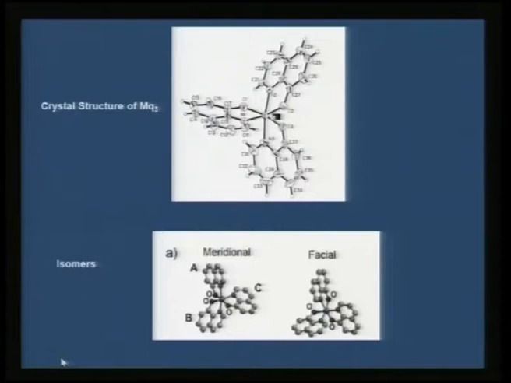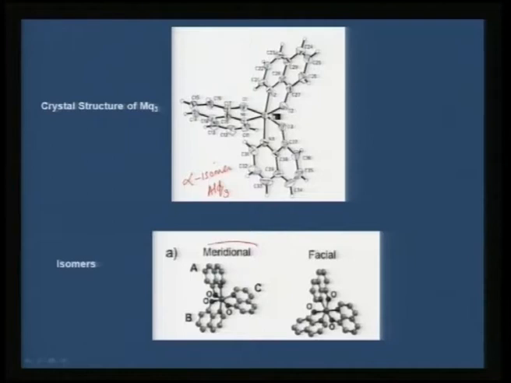This is a typical crystal structure of an alpha isomer of AlQ3, and even in AlQ3 there are different polymorphs, and this is typically the X-ray crystal structure of an AlQ3 alpha isomer. AlQ3 can either be in meridional form or facial form. Meridional isomer has a core structure which has 2 oxygens in close proximity against one away from these 2 oxygens, or these 3 oxygens can be equidistant.